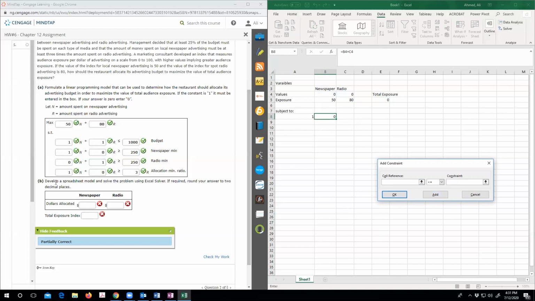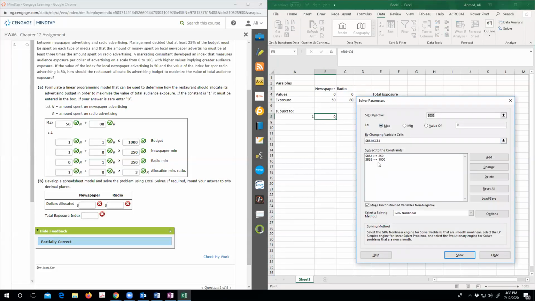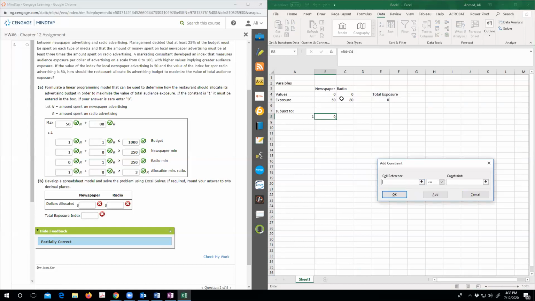Add another, which is this one. This cell has to be greater than or equal to 250. This is my other constraint. So I have 2 constraints now. The first one is that this cell has to be less than 1000. The second has to be greater than or equal to 250, which is this cell technically. Then I can add another one: this cell has to be greater than or equal to 250.